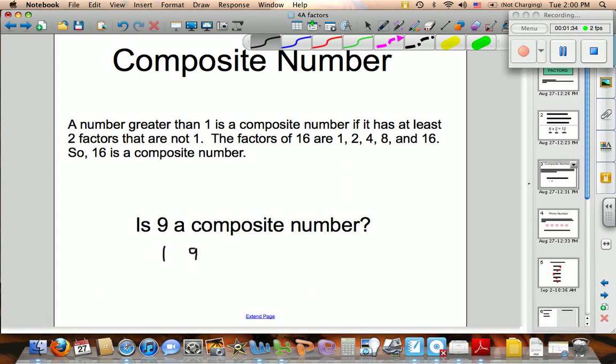So 1 and 9 are both factors of 9, but it has to have at least 2 factors that are not 1. Can you think of anything else we can multiply to get the number 9? We can do 3 times 3. So 1, 9, and 3 are all the factors of 9. So does that have at least 2 factors that are not 1? Yes, it does. So 9 is a composite number.